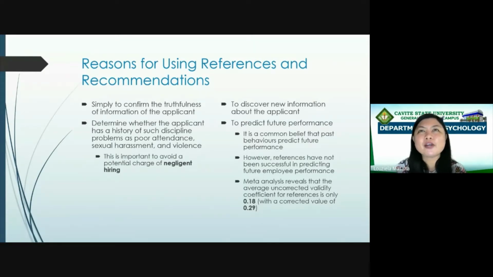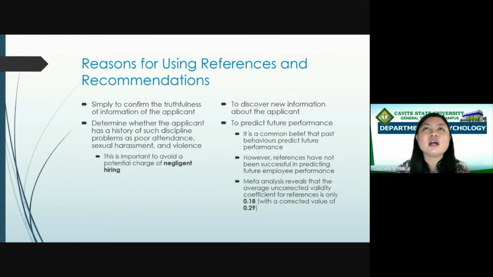So to avoid negligent hiring, tinitingnan natin yung mga opinion ng iba, the references, recommendations of others pertaining to the person or to the applicant. Of course, also, aside from the past experience, the HR staff or personnel can also look into the reference and recommendation as a means to discover the future performance.